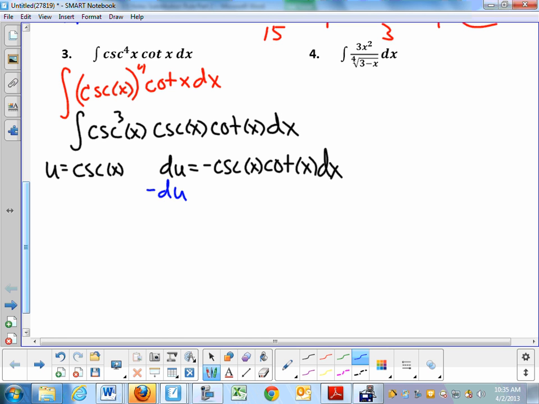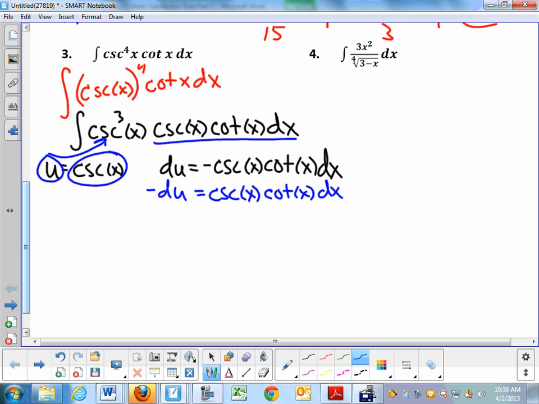Now I have negative du is equal to cosecant of x, cotangent of x, dx, which is my substitution right there. And this u equals cosecant of x can be plugged in right there. Yep, I'll put the negative out front.